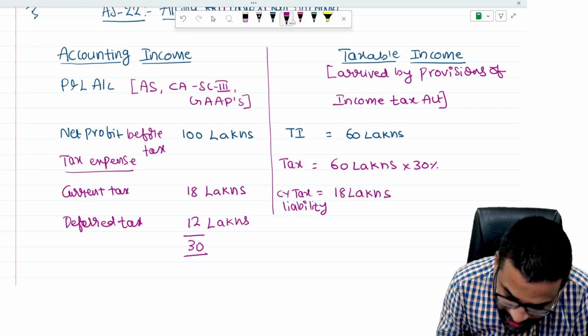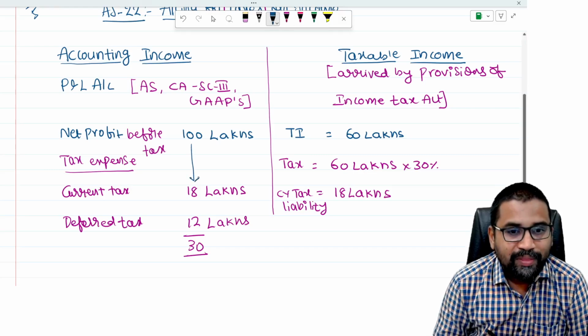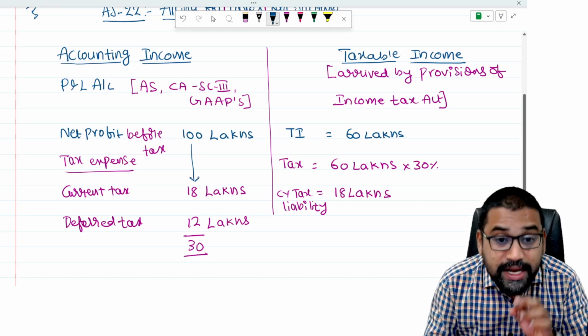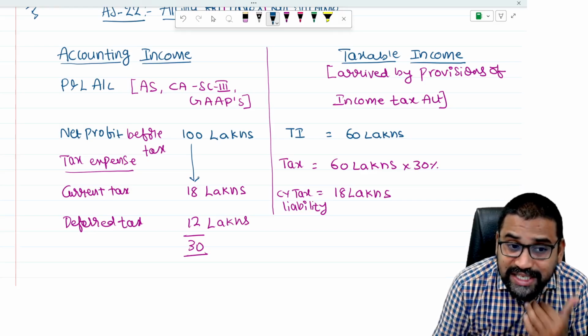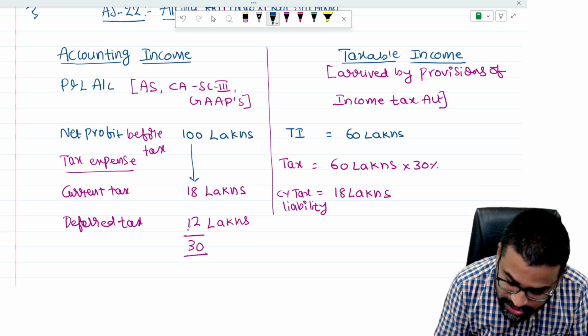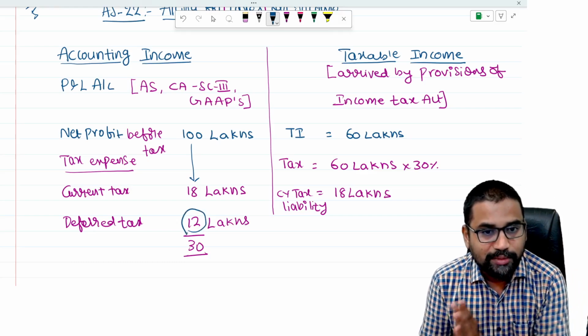Because of that only they are not matching. Of course, there are some permanent differences. If the difference is permanent, no need to recognize deferred tax. So the deferred tax concept will be recognized only when there is a timing difference between accounting income and taxable income.